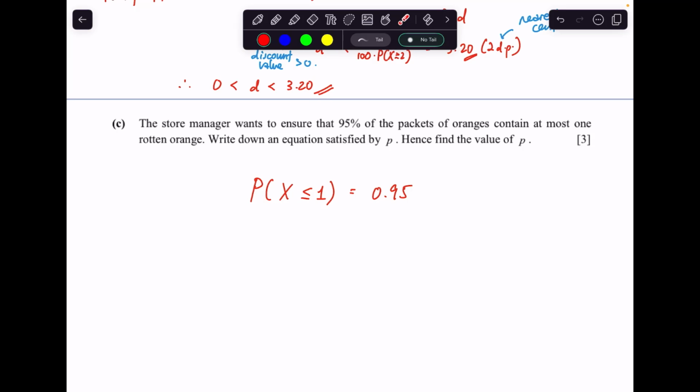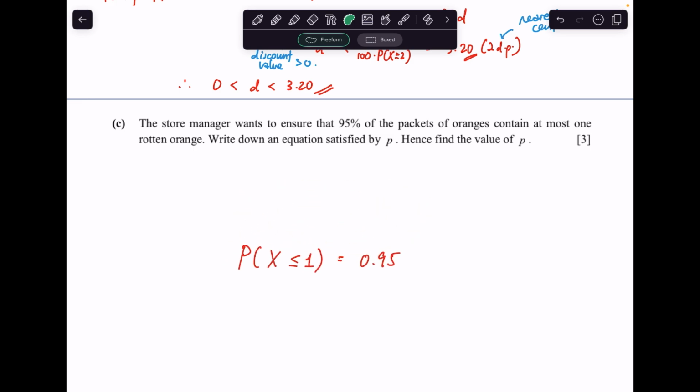So I have this equation that I want to set up. But before I set up this equation, I need to remind myself that X is binomially distributed. There are 10 trials and P percent, or P over 100, is the probability that an orange is rotten.